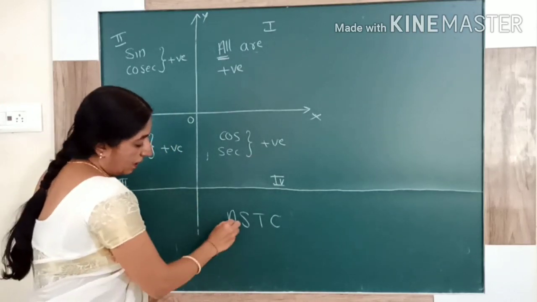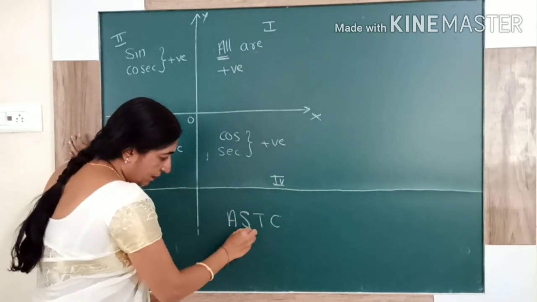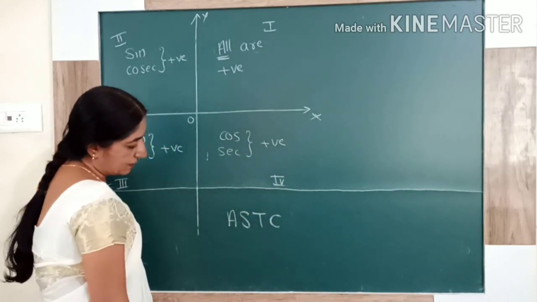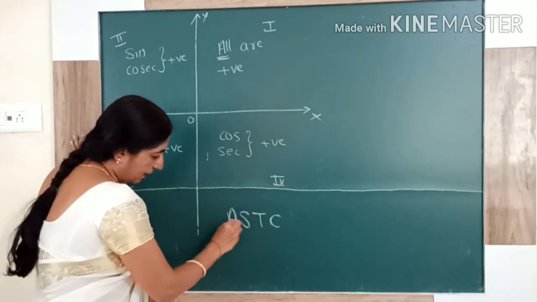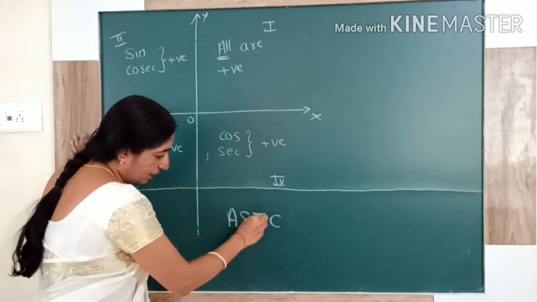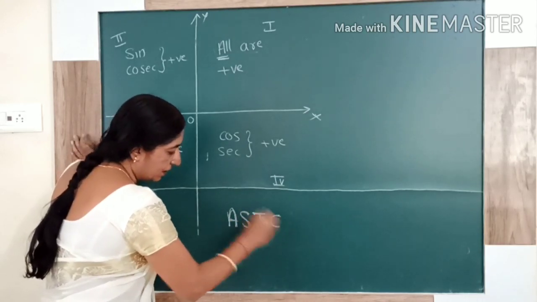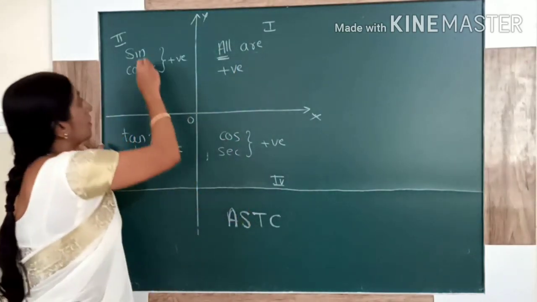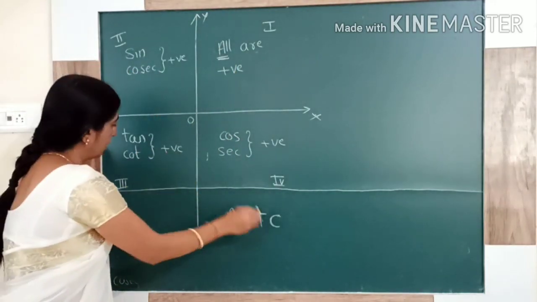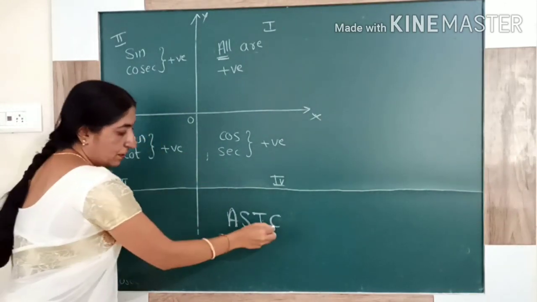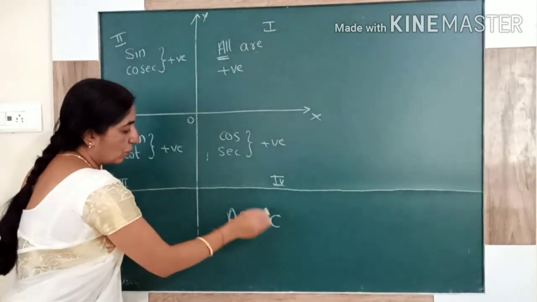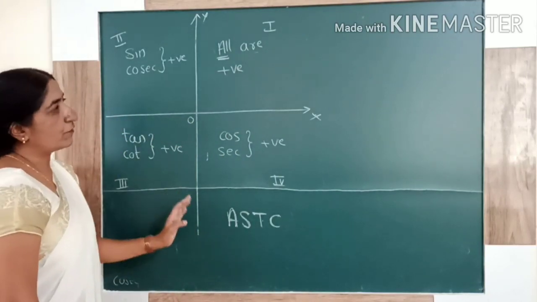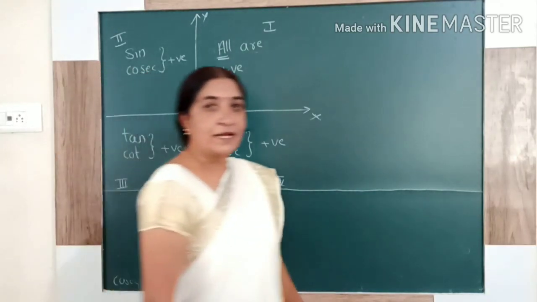Either see, attend Sitapur teacher class. Is it interesting or what? A, attend. S, Sitapur. T, teacher. C, classes. A is all are positive. S is sin and cosec. T is tan and cot. C is cos and sec. See, next again after this we are coming to the allied angles.